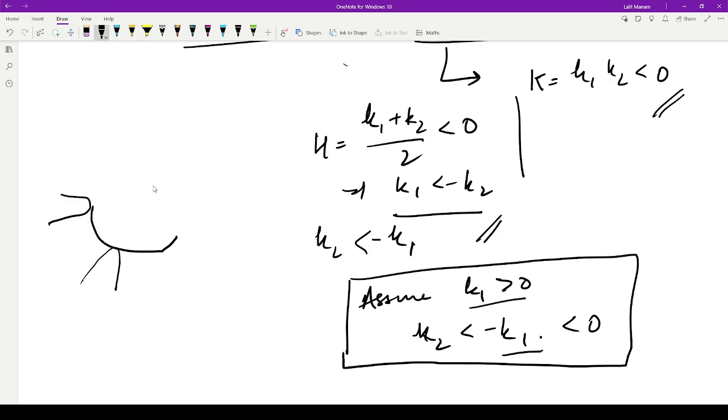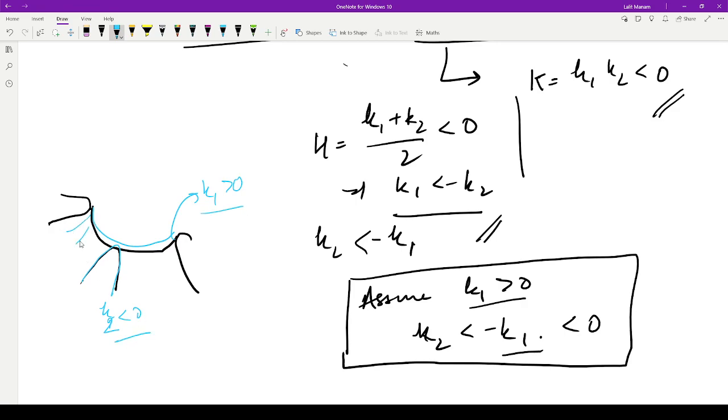Maybe I just draw it like this. So your principal curvatures are coming like this. This is the maxima one, so it is k2, which is less than 0. And this is the minima one, which is k1, greater than 0.